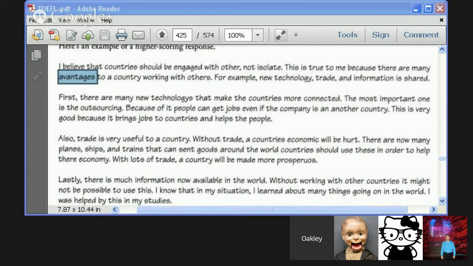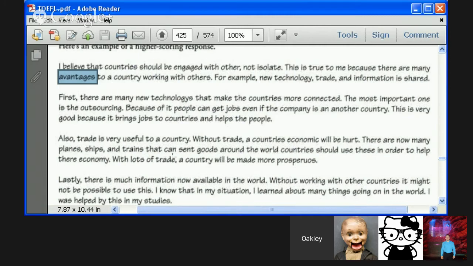No. With the others or with others. Here's the correct spelling. Hang on. I'm working with others. No, you don't need a definite article. Okay. Yeah, you can just say with others. That's fine. Okay. Moving on.